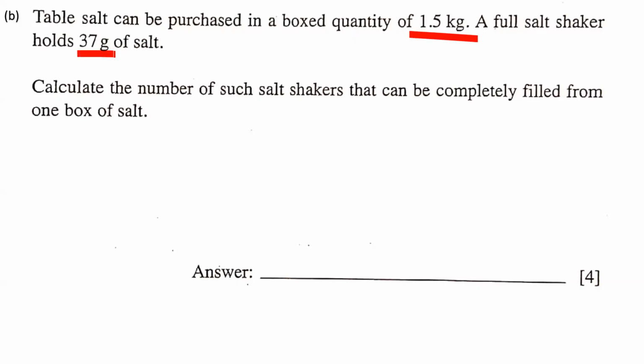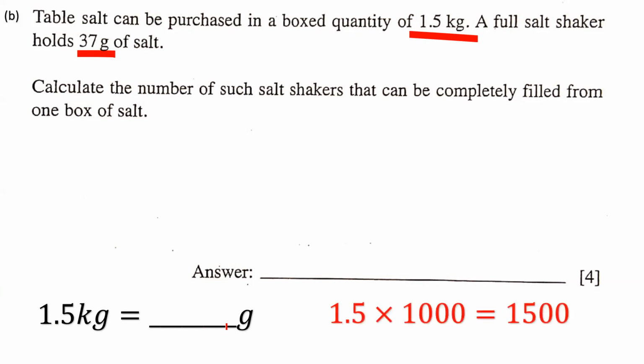So let's try to make the units universal so we can get to work. And so 1 kilogram is equal to blank grams, and so we just multiply by 1,000 and we get 1,500. So 1.5 kilograms is actually 1,500 grams. And so we have everything in grams now.